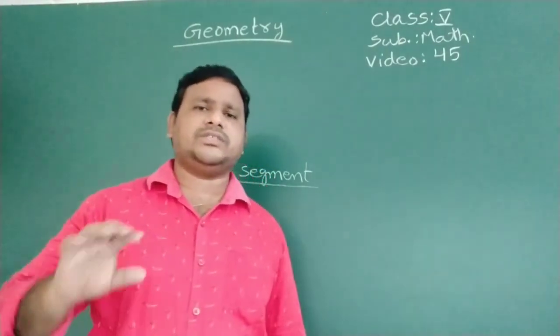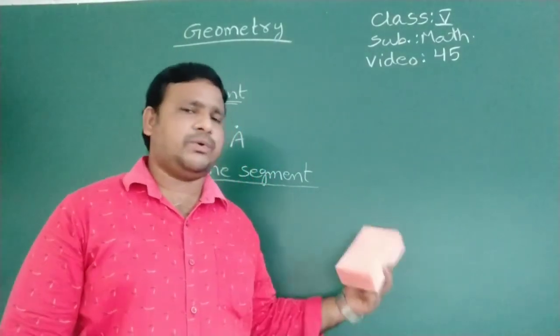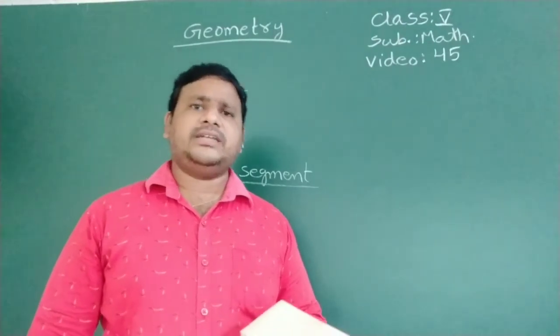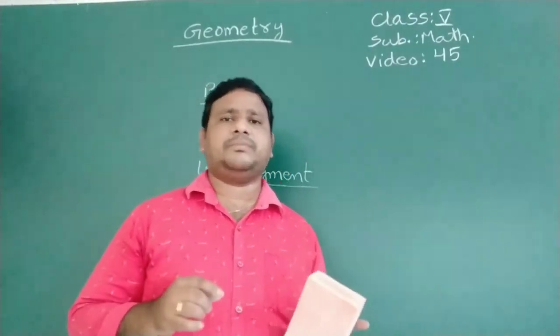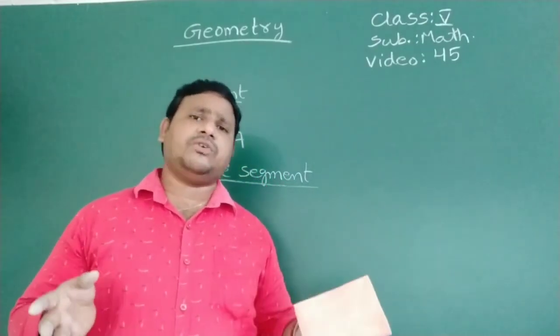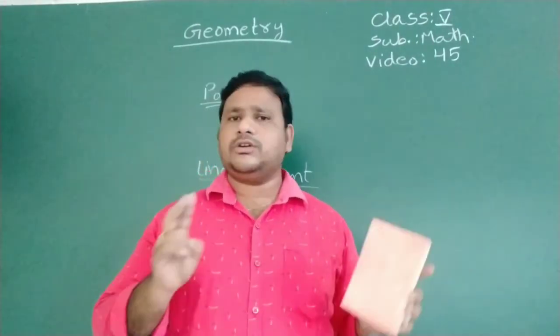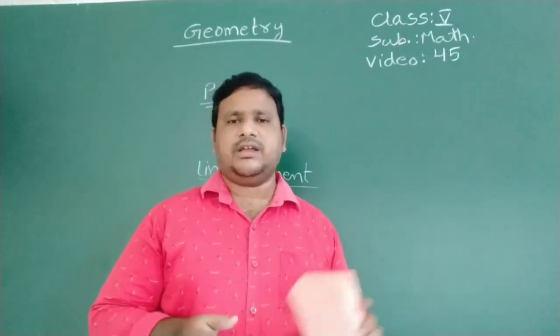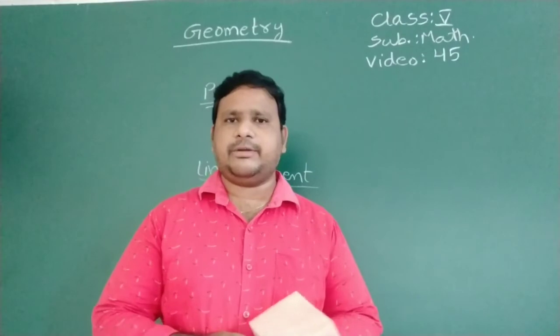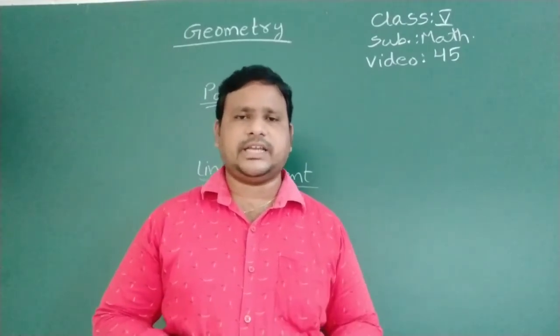This is the first point we have to remember. Since we use the straight path between two points, the end points of a line segment are two. Left end point and right end point are there for a line segment.